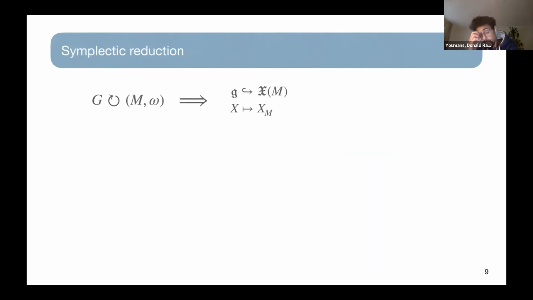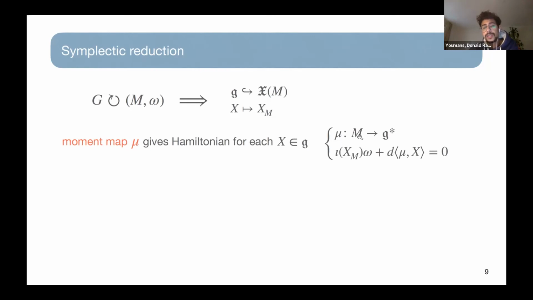Okay, so I just want to recall very briefly the idea of symplectic reduction. So suppose we have a symplectic manifold and some Lie group acting on it, then we can embed the Lie algebra into the vector fields by sending any element to its fundamental vector field. And a moment map basically gives a Hamiltonian for each element x in g, which means it is a function m into the dual of the Lie algebra, which satisfies this moment map condition.